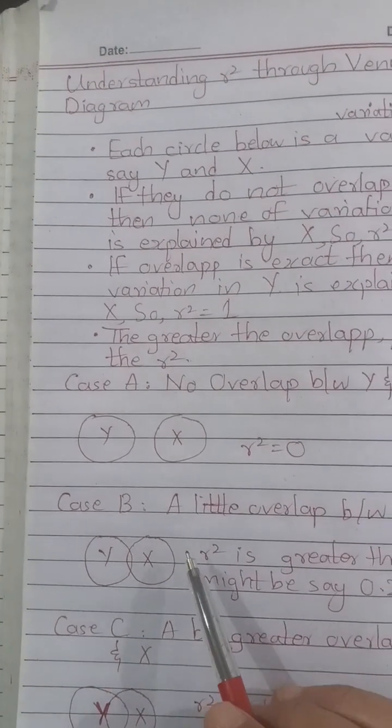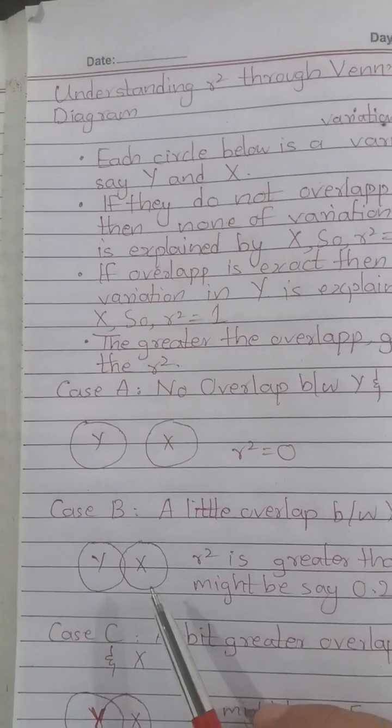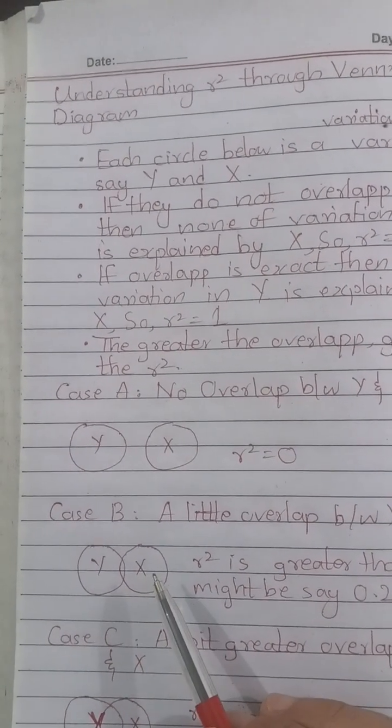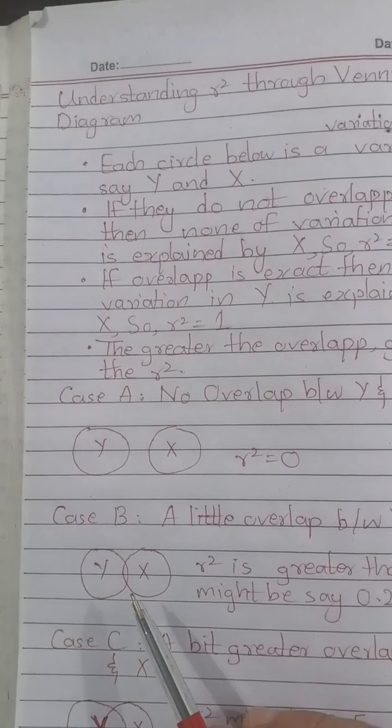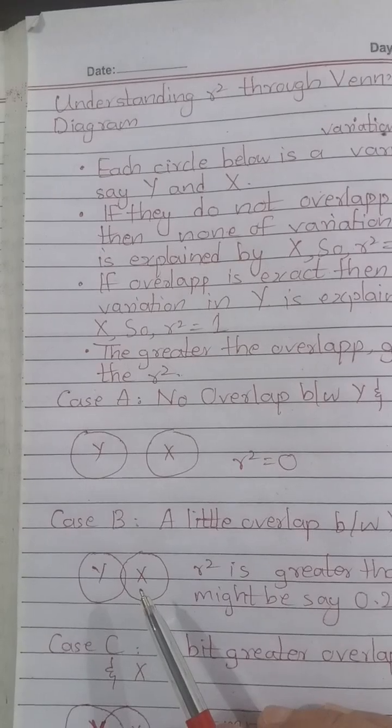Now consider this diagram, which is case B. Here y and x are overlapping, but the two circles overlap very little.